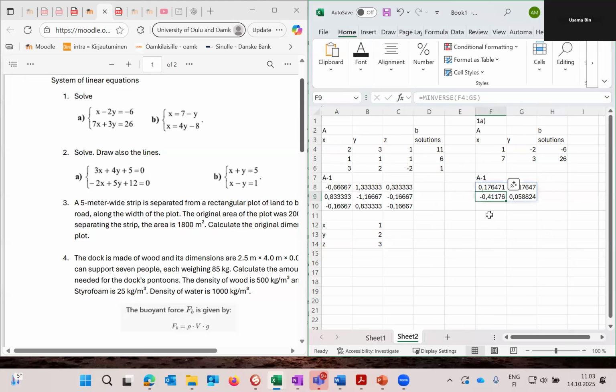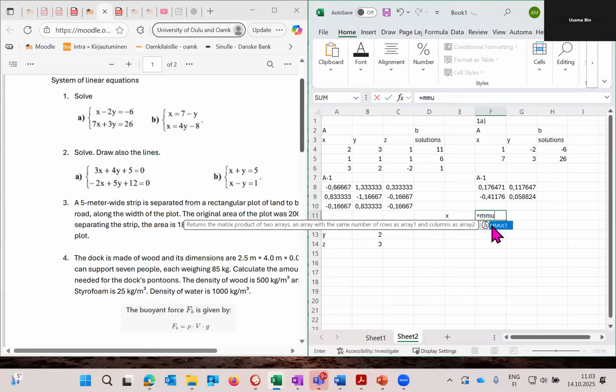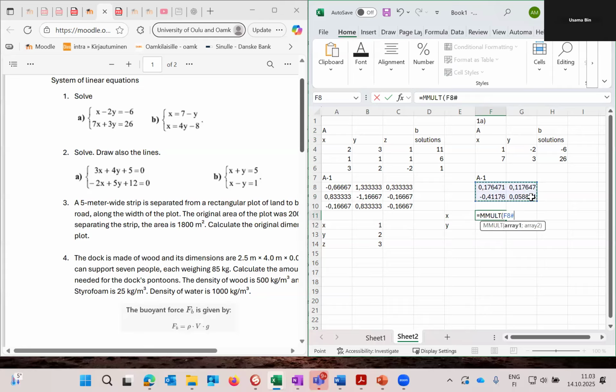And then I want to get the X and Y. X and Y. M mult. And I want to multiply this with this. Let's see what I get. Oops. This was our first calculation here.